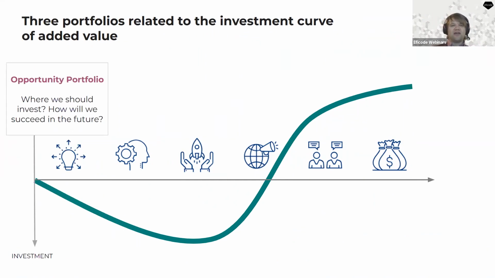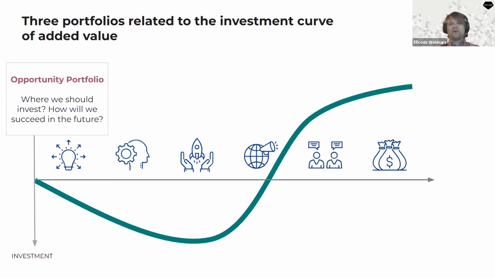One is what we started with: where should we invest? How will we succeed in the future? What are the investments that will actually make us successful in, let's say, 3 years, 5 years, 8 years, 10 years, whatever the interval is.